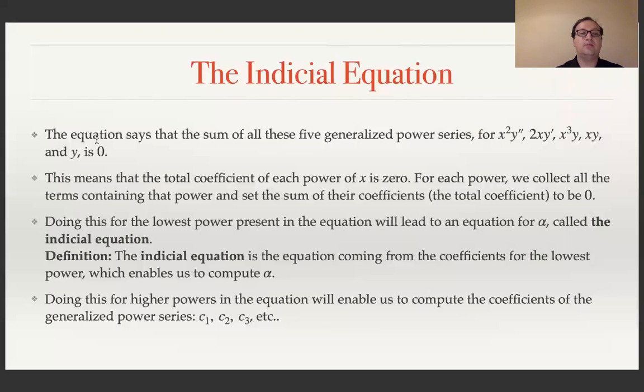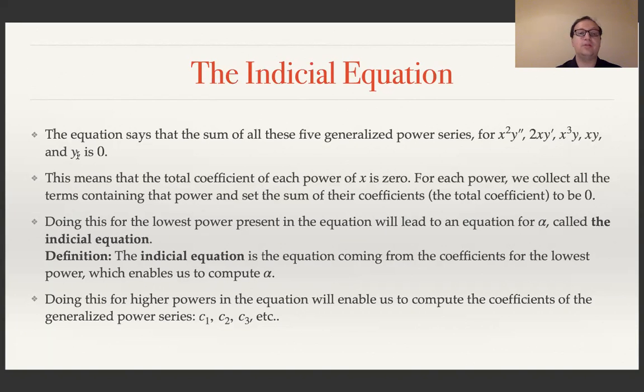So now the sum of these 5 expressions for x squared y double prime, 2xy prime, x cubed y, xy, and y is 0. Again, just like for a power series, this means that the coefficient of every power on the left-hand side is equal to the coefficient of the same power on the right-hand side.